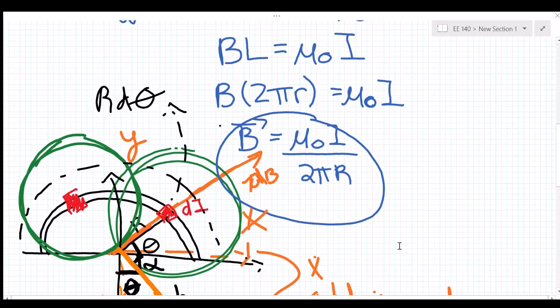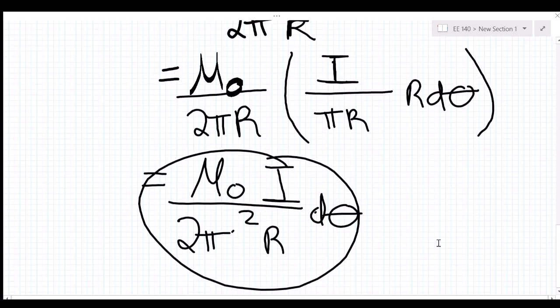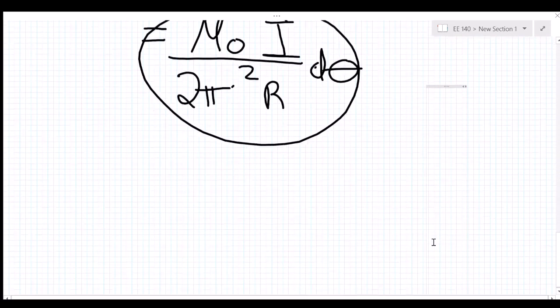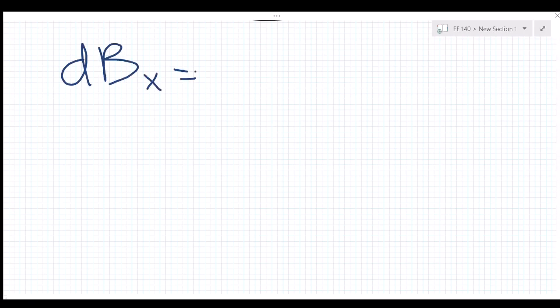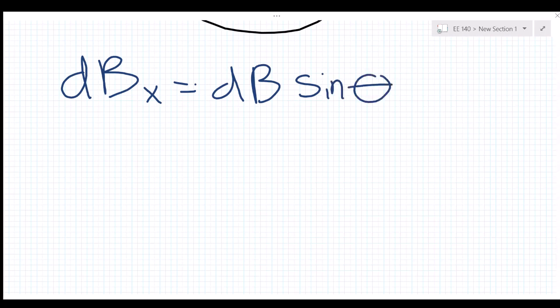Now we're going to calculate the magnetic field in the x direction. Taking our answer, we get dBx equals dB, what we calculated right before this, times sine theta, because we defined that angle as opposite over hypotenuse, so it's sine theta in the x direction.